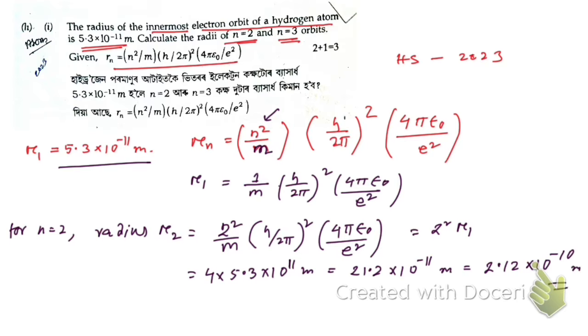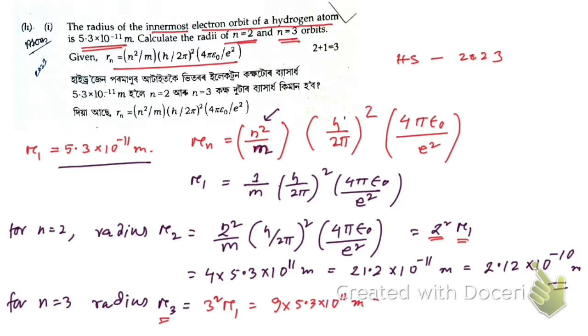Similarly in case of n3, r3 will be 3 square times r1, so 9 into 5.3 into 10 to the power minus 11 meter. If we multiply this, we get 47.7 into 10 to the power minus 11. In standard form, that's 4.77 into 10 to the power minus 10 meter. So that's what we have got.